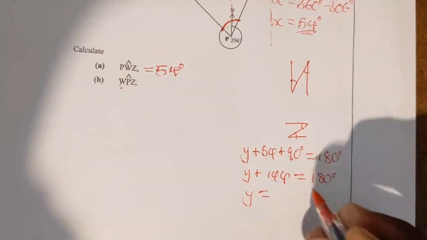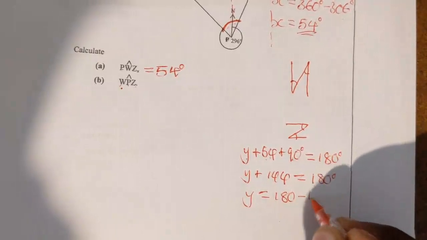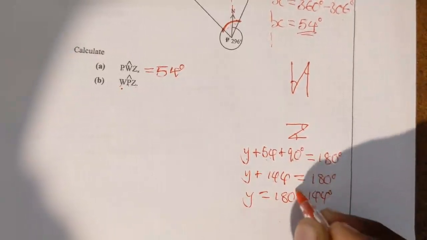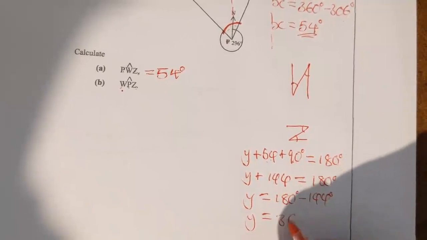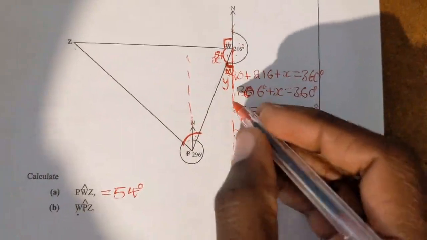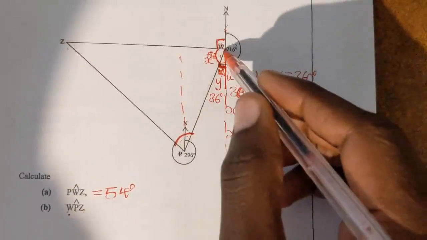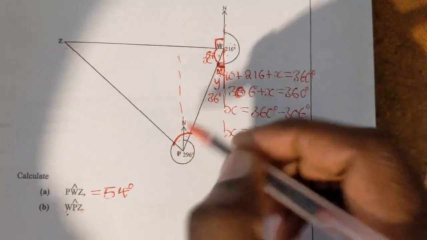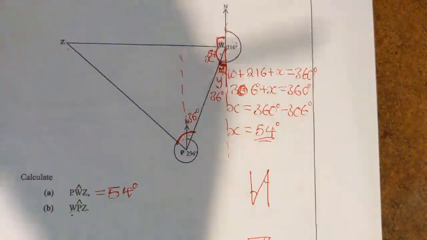Then collecting the like terms, you have 180 minus 144, which gives 36 degrees. So there is 36 degrees here, and I said it is equal to this one, so there is 36 degrees here as well.